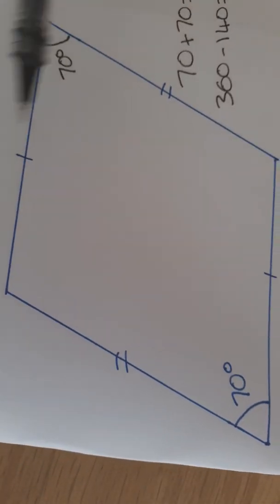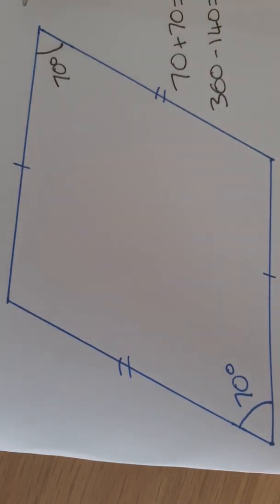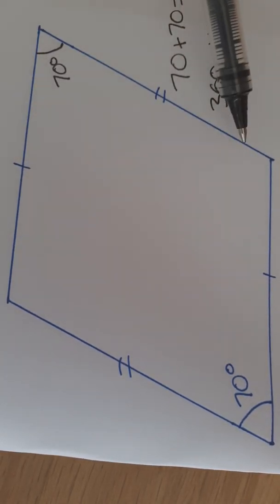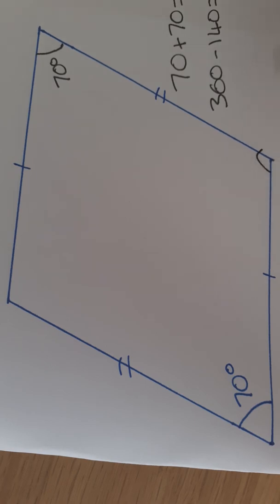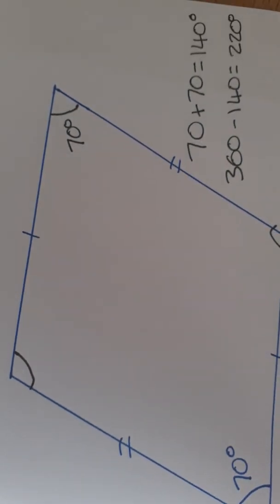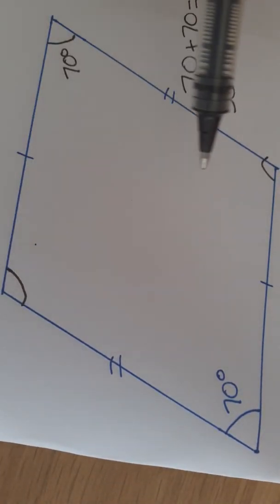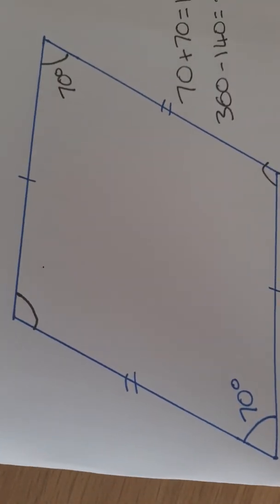As I said earlier, these parallel lines can come in very useful, because not only are these two angles the same, these two angles are also the same. So now I know that they're the same, and I know that I have 220 left. That means I need to divide the amount of degrees I have left by the number of angles that are the same that I have left.